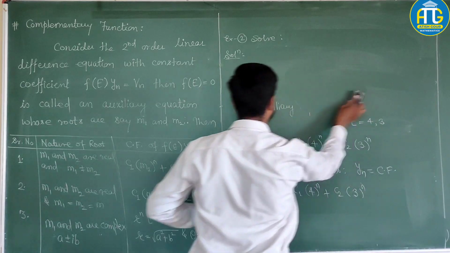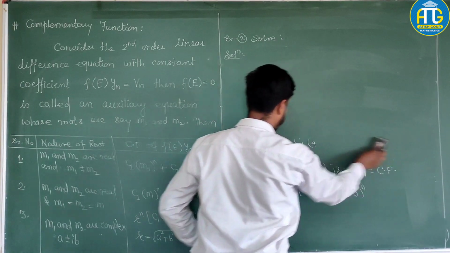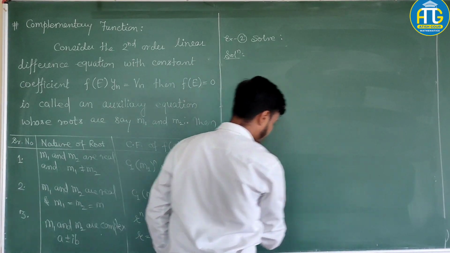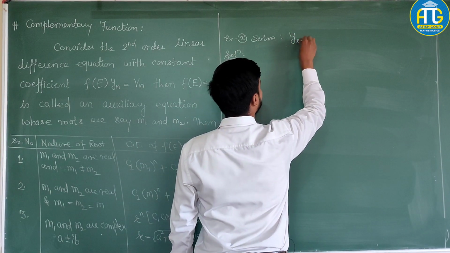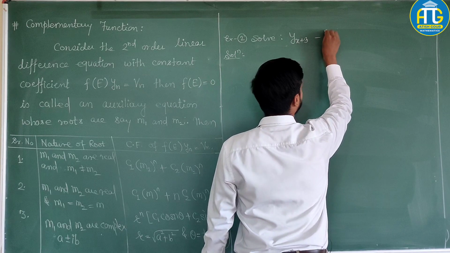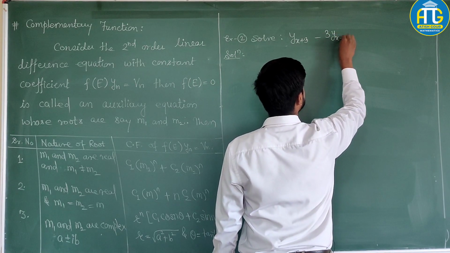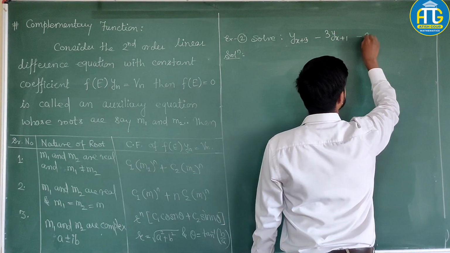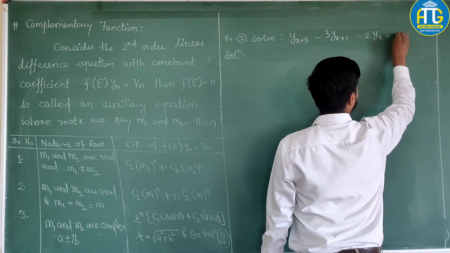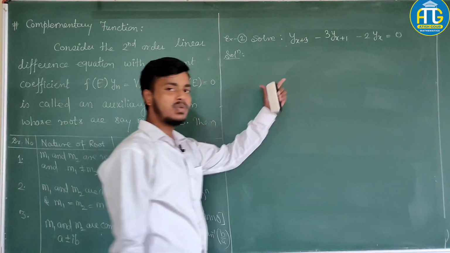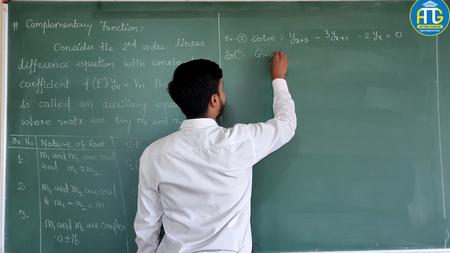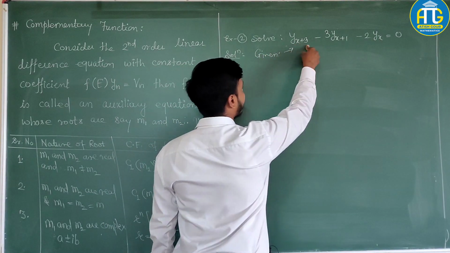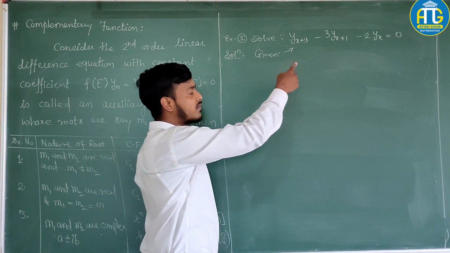Let us take some different variety of problem. Solve yx plus 3 minus 3 yx plus 1 minus 2 yx is equal to 0. Suppose you have this equation. Again on very similar lines, you can start with this, then apply the definition of the shift operator.